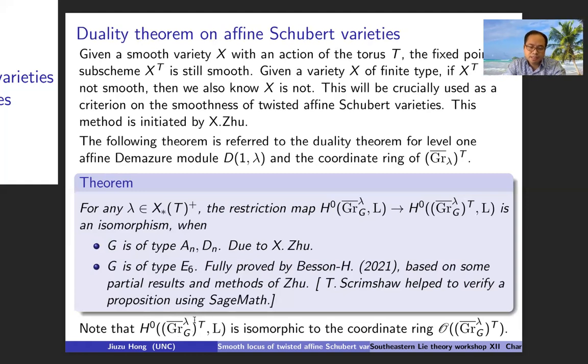Since this is an affine scheme, the global sections of a line bundle on it will be isomorphic to the coordinate ring of this T-fixed point subscheme. So this is why we call it the duality theorem, because on this side, H0 of the Schubert variety with L is the dual of the Demazure module, and on this side, this is a coordinate ring. So in this sense, we call it the duality theorem.